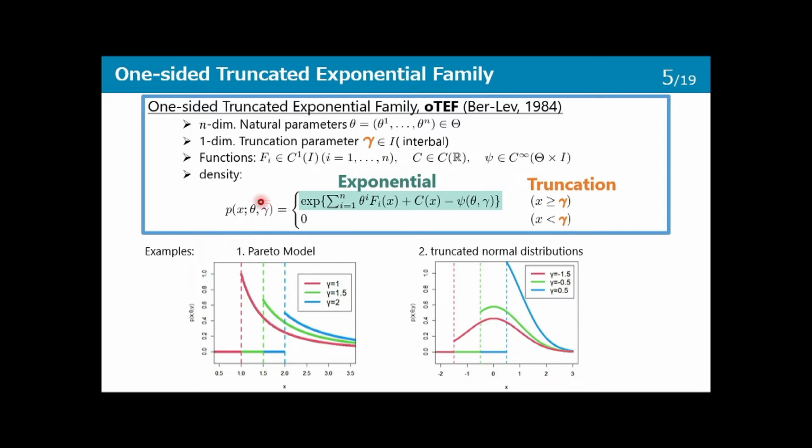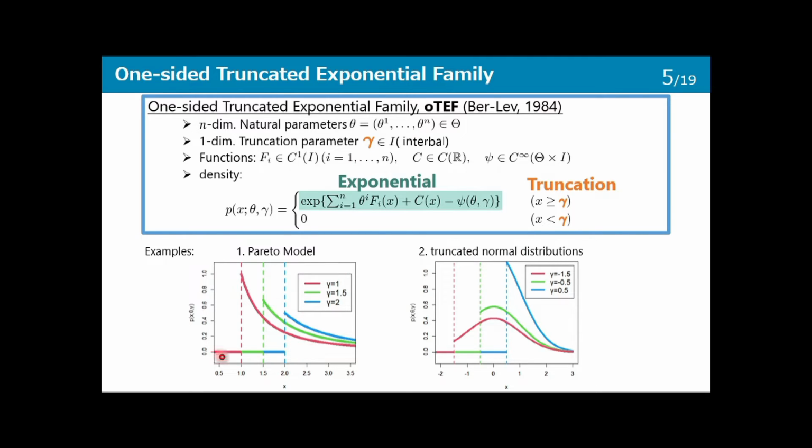The density function is similar to an exponential family, but the support of the density is truncated by the truncation parameter gamma. For example, the Pareto models and truncated normal distributions are included in this model.